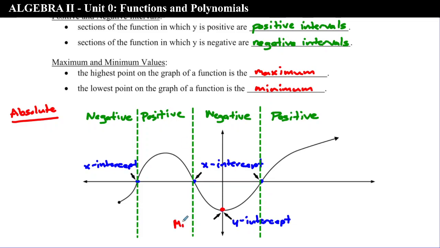But it's also an absolute minimum because everything else on this function is happening above this point. So this would be an absolute minimum. Absolute refers to the entire graph.